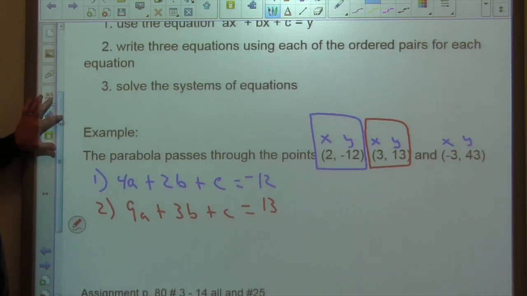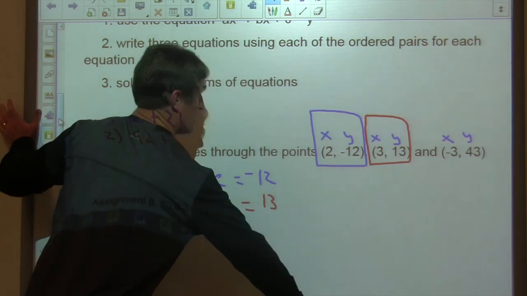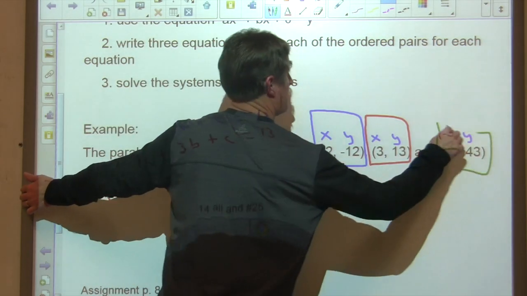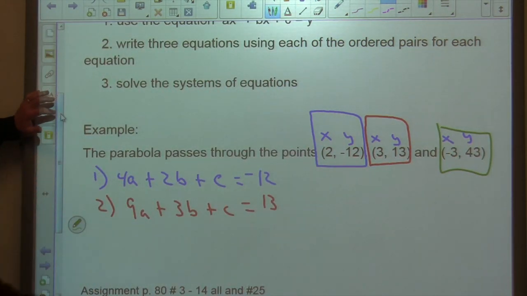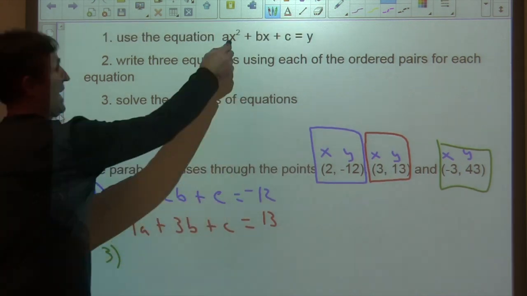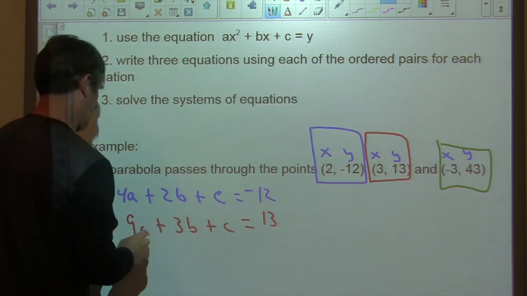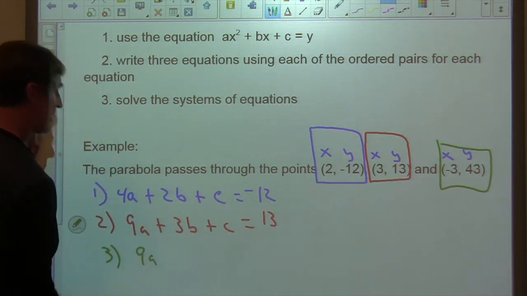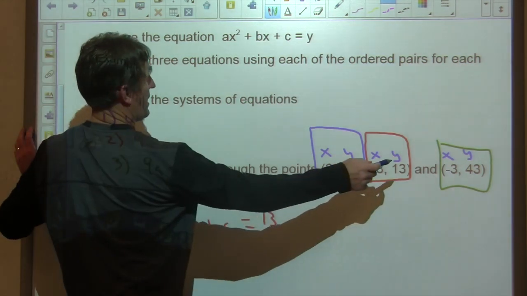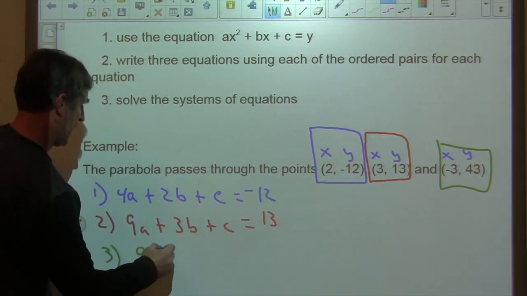And lastly, I'm going to use this ordered pair. So this is for equation number 3. I'm plugging negative 3 in for x. So negative 3 squared would be a positive 9, so that would be 9a. And then I'm going to plug in negative 3 for x, and so that would be minus 3b.